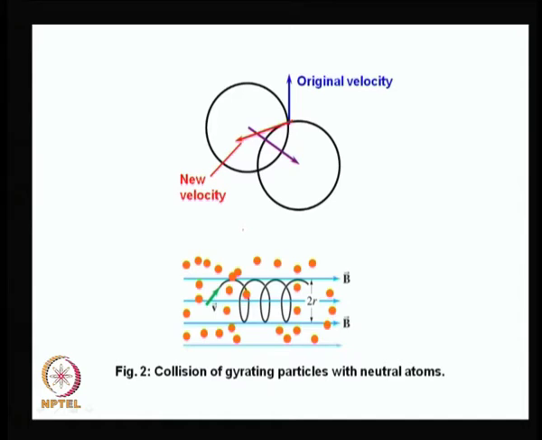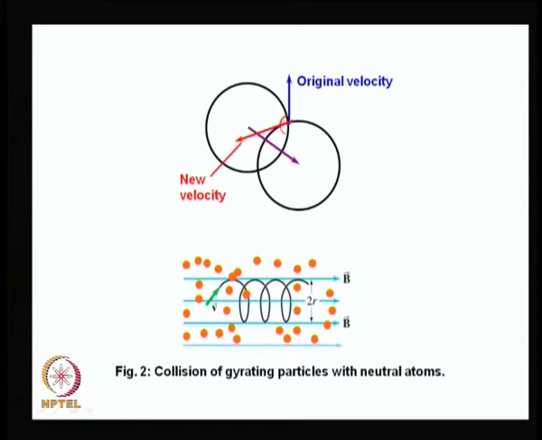Here there is a particle gyrating around a field line, and let us say the first figure shows you the particle when you are looking at it in a transverse direction. So, you see a circle and you see the original velocity. At this point, the particle collides with another charged particle.